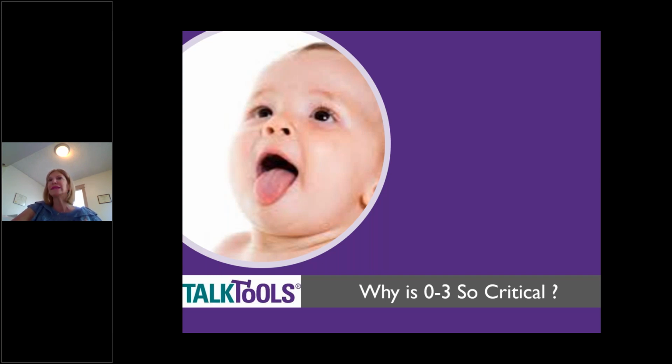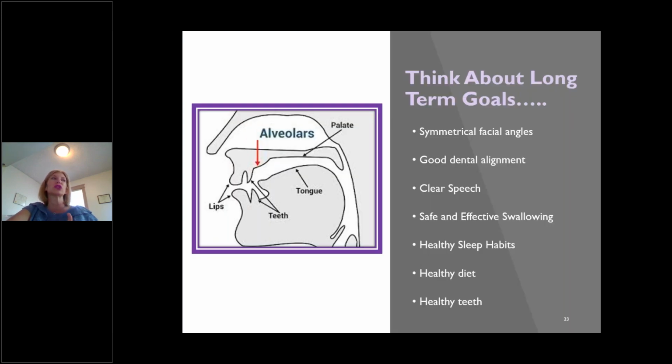Okay, so why is 0 to 3 so critical? Think about your long-term goals. Everyone wants a symmetrical face. Symmetry in the face is actually related to the perception of being beautiful or handsome.